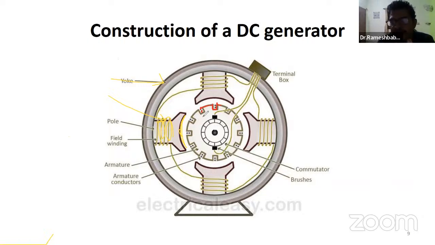Then the armature core is laminated in construction. This was asked in the CAE question paper also. It is laminated to reduce the eddy current, and silicon steel material is used to reduce the hysteresis losses.